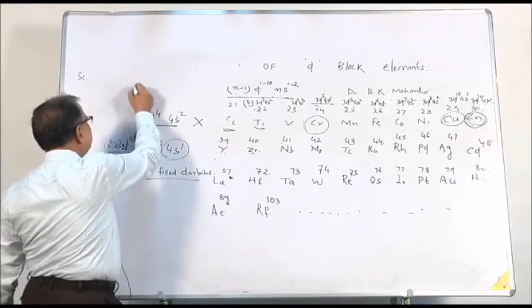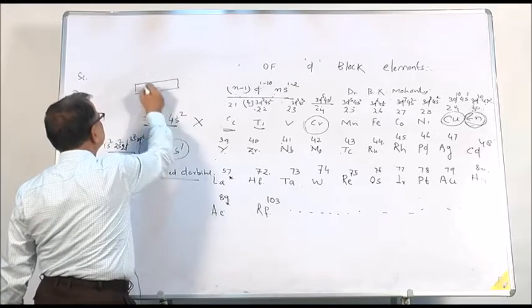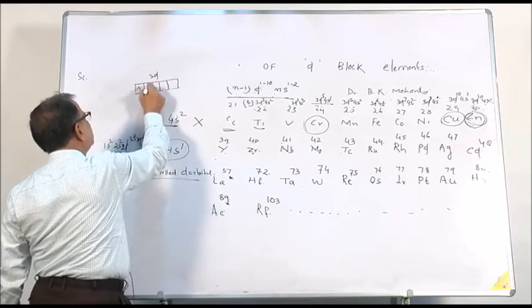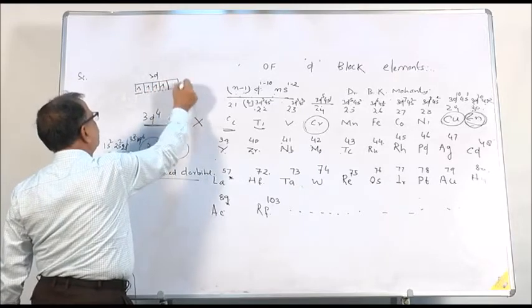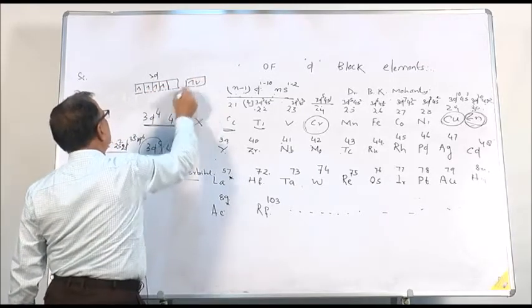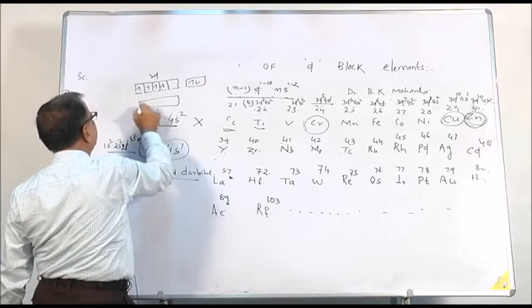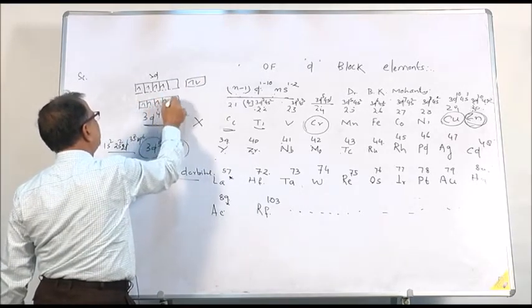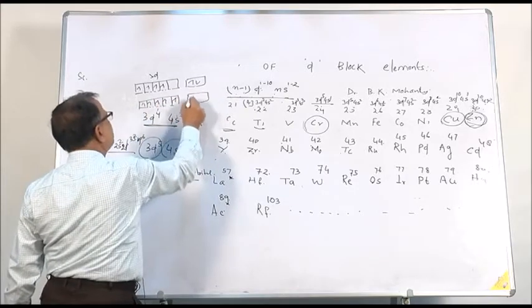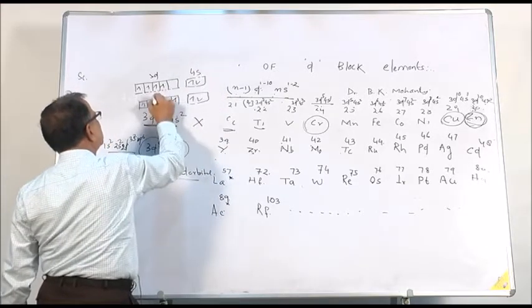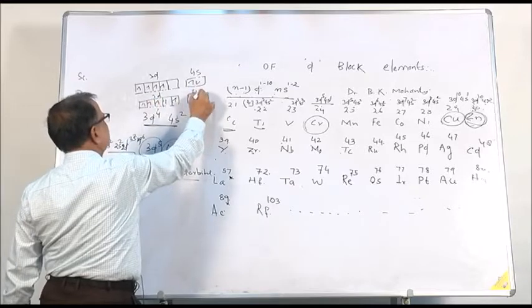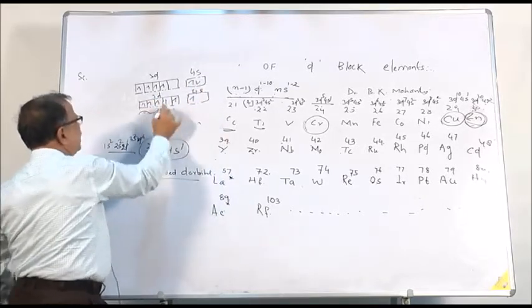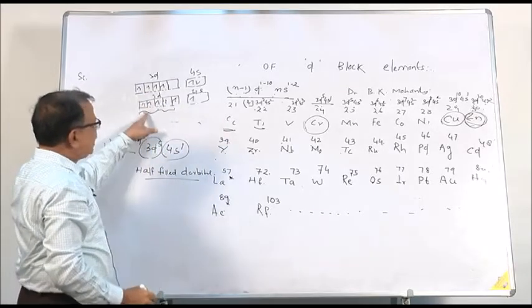Instead of 3d4 4s2, we get 3d5 4s1, the chromium configuration. So this half-filled arrangement is more stable.